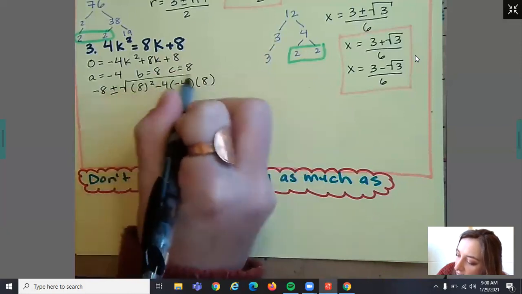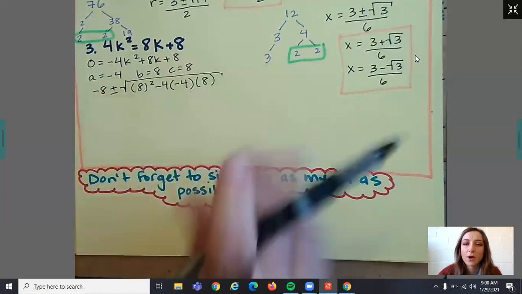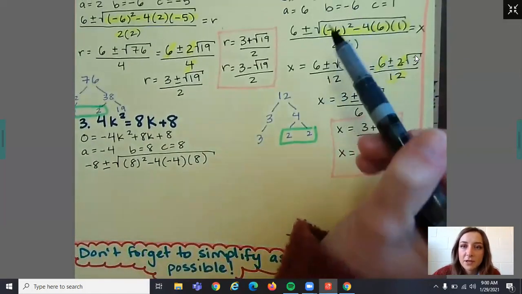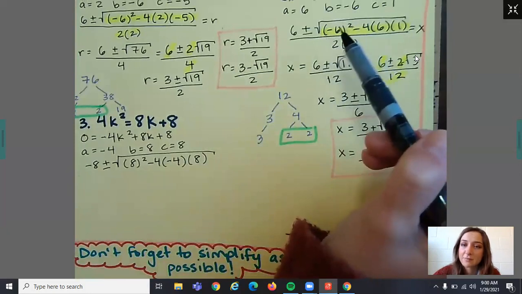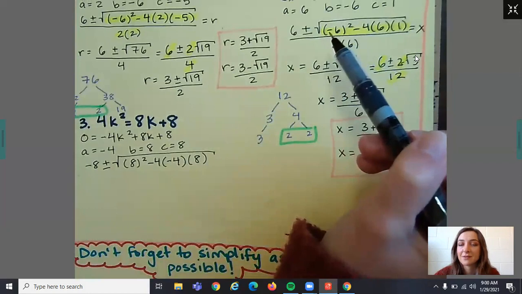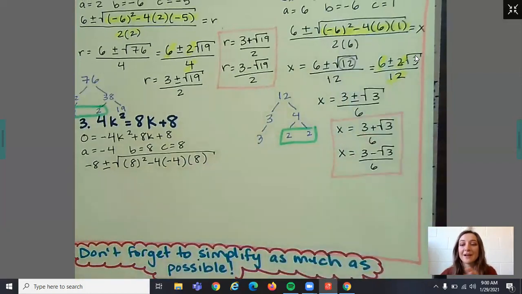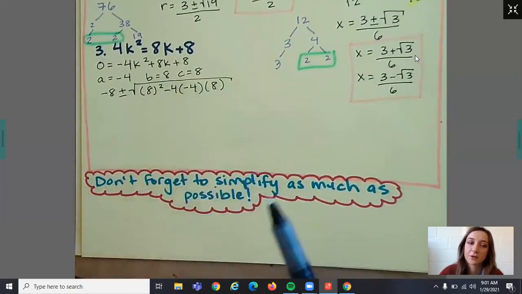And by the way, the reason that I write things in parentheses is because 8 squared is 64, but negative 6 squared is positive 36, and what a lot of people will do is say, oh, this is negative 6 squared, so that is actually negative 36. So it's important that you put it in parentheses so you get the correct values.